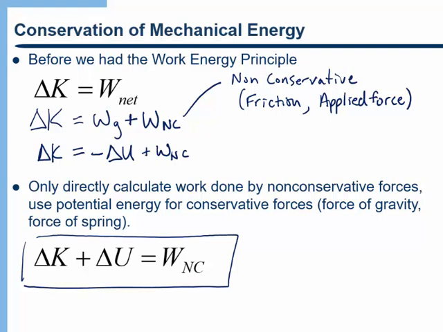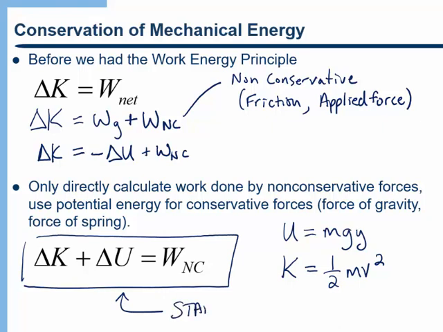We'll also talk about the force that a spring exerts is also conservative, but for right now, just think of delta U being related to gravitational potential energy, where U is mgy, and delta K is the change in kinetic energy, where K is 1/2 mv squared. This formula is where you want to start every conservation of energy problem.